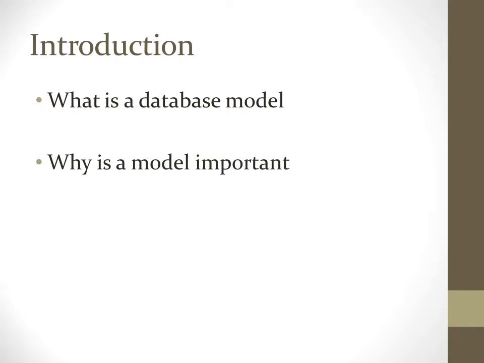So for example, we may have a financial system and we want to make sure that we have transactional safety on that database. So when one entity is updated and our transaction defines that after that entity is updated, another entity must be updated, our relationship may say that if the first update fails, then the entire transaction needs to be rolled back. That's something we may define as part of the database model.